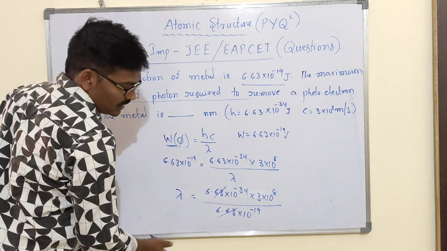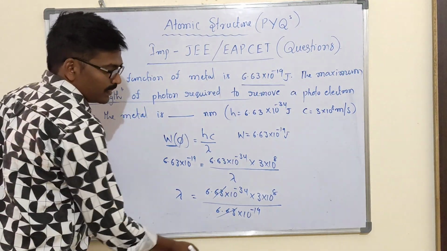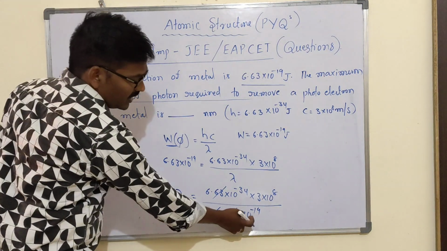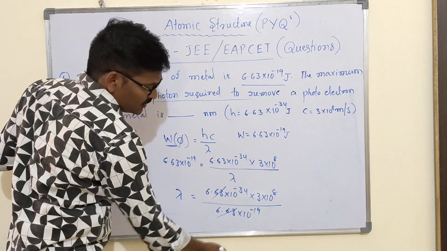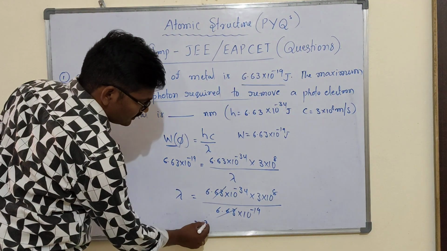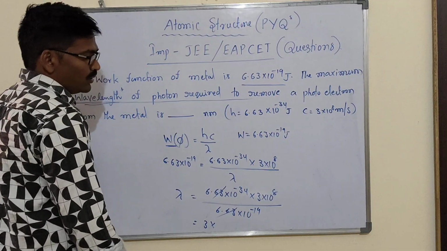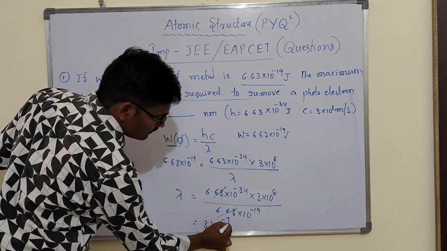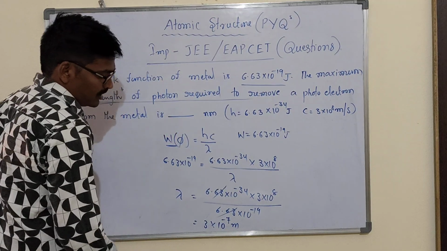Then 10 to the power of minus 34 is there, and 10 to the power of minus 19 when it is sent up goes positive. Then 19 plus 8 is 27. Then 3 into 10 to the power of minus 34 plus 27, so 3 into 10 to the power of minus 7 meters you get.